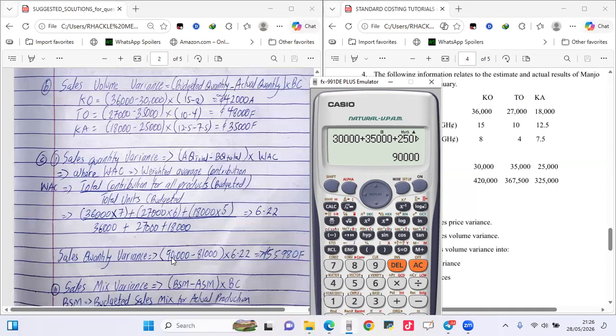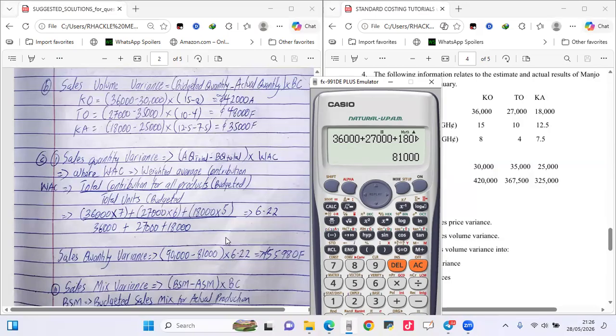So that is the 90,000 you are seeing here. Then the budgeted quantity in total: 36,000 plus 27,000 plus 18,000, and we get 81,000. That's what we are seeing.